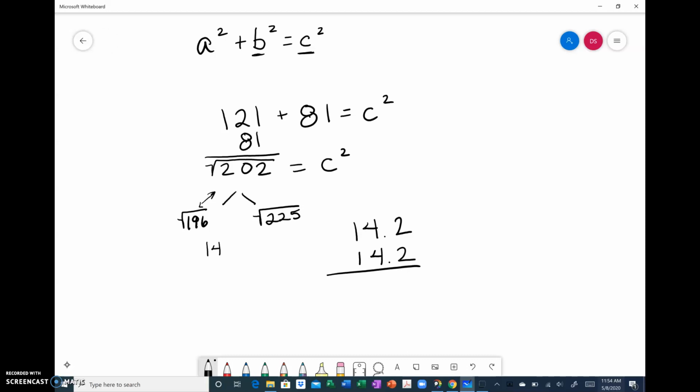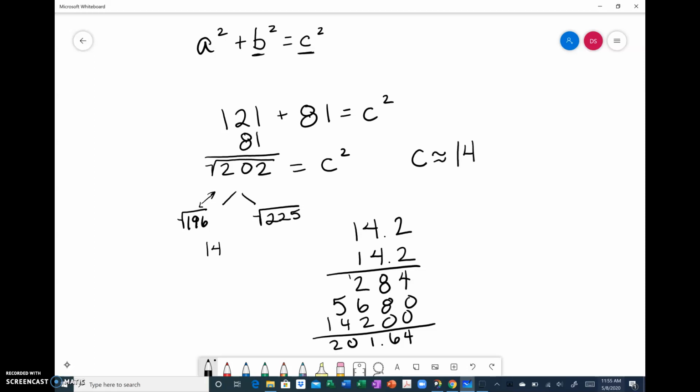So let's just see how the math comes out. 4, 8, 2, 8, 6, 5, 2 zeros, 2, 4, 1. 4, 6, this becomes 9, 11, 201. So again, I've gotten within 36 hundredths of 202. So I'm going to say that C is approximately 14.2.